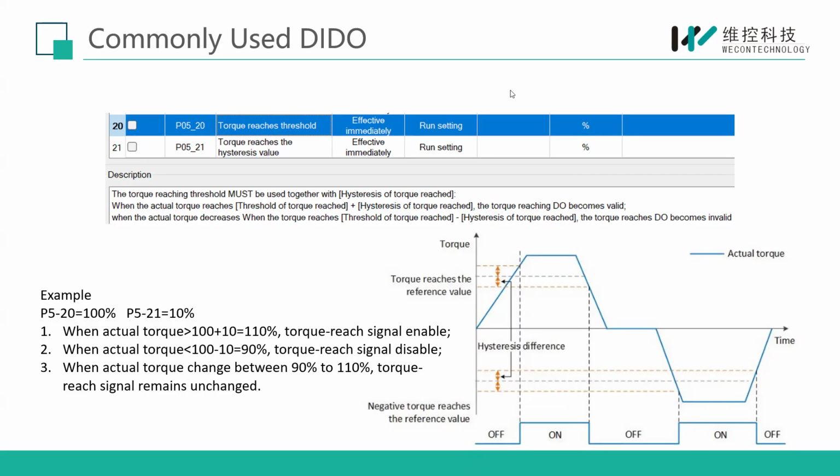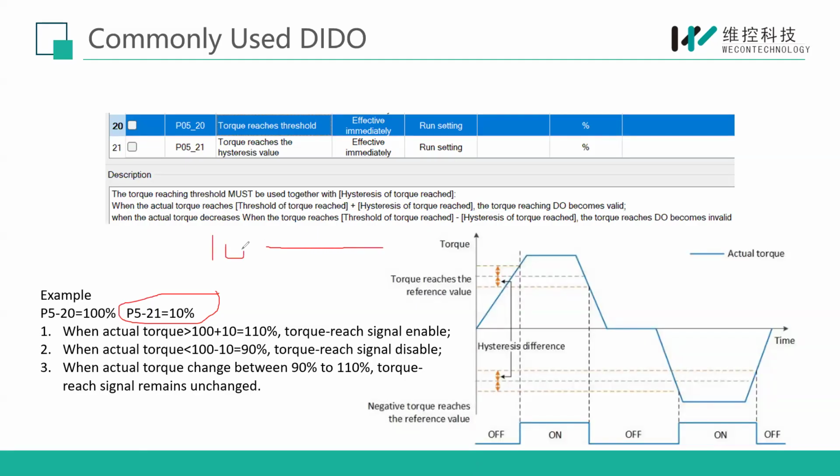So why do we need to set P5-21? Because the torque will not be a constant value, I mean the real-time torque.